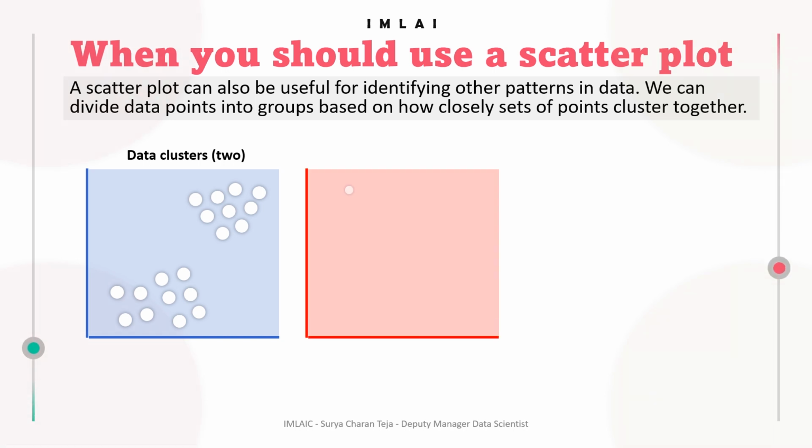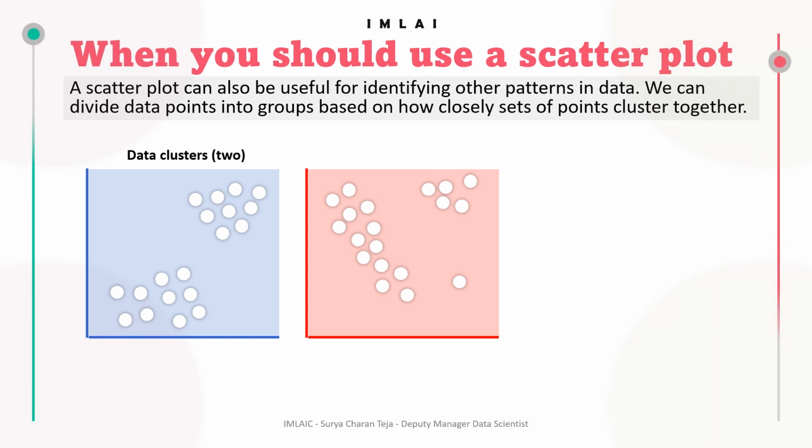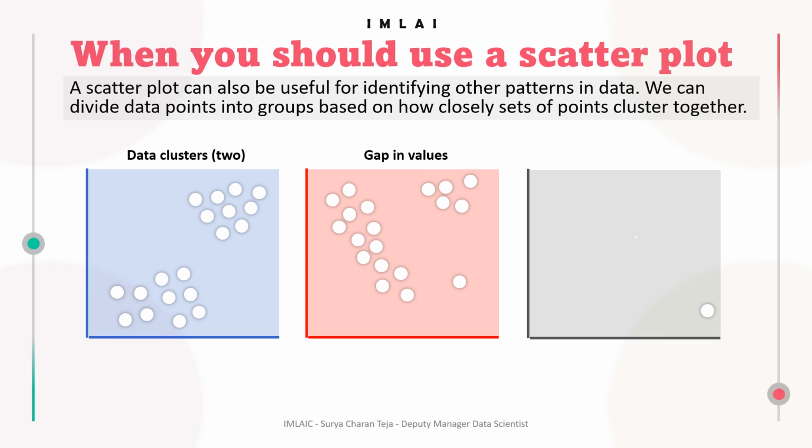The second way of using a scatter plot is that it can also show if there are any unexpected gaps in the data. So here is the example. This is one data set, and there is a clear-cut unexpected gap.